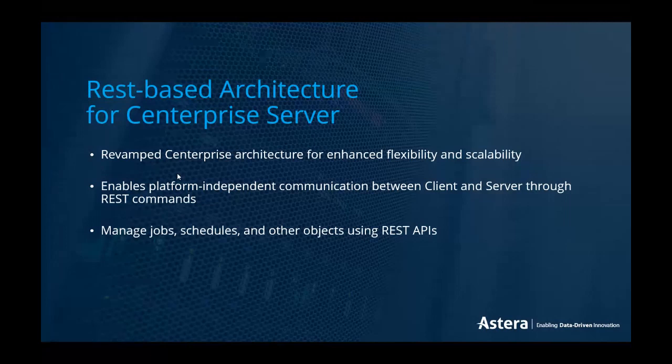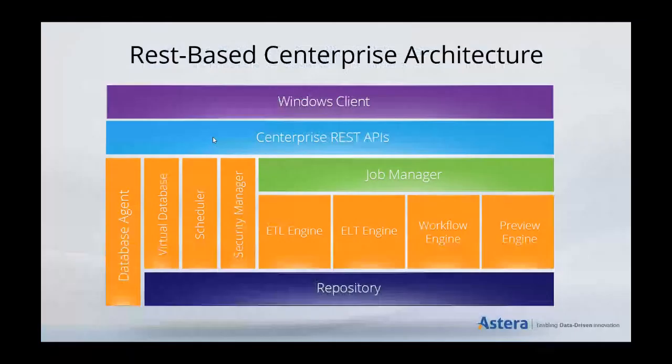And this has a variety of different impacts, which I'll get to in a little bit. But the biggest thing is it enables platform-independent communication between the client and the server. So I can have my client on Windows, I can have my server on Linux, for example. We'll get to that in a bit. And I can manage all of my jobs, schedules, and other operations through these APIs.